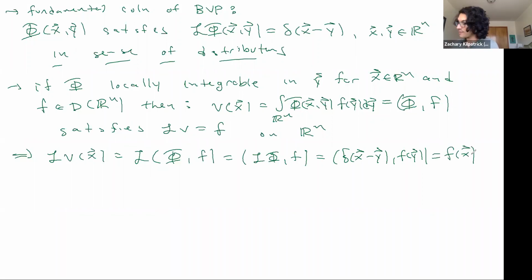So this should equal f of x, which is indeed what we want. We found this essentially in the case of Poisson's equation: we can take the fundamental solution to Laplace's equation, integrate it against our inhomogeneity, and that gives us our general solution. What we're saying is maybe there's a broader class of PDEs where we can extract that fundamental solution Phi. We should always be able to integrate that against our inhomogeneity, and that's our solution.